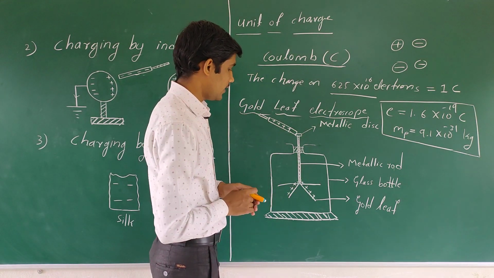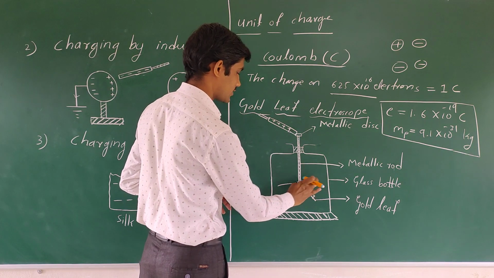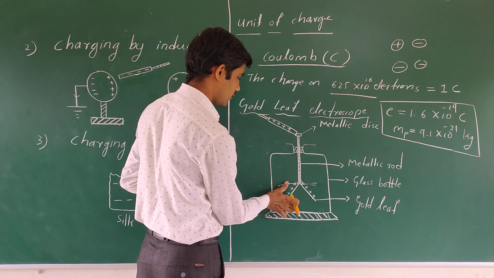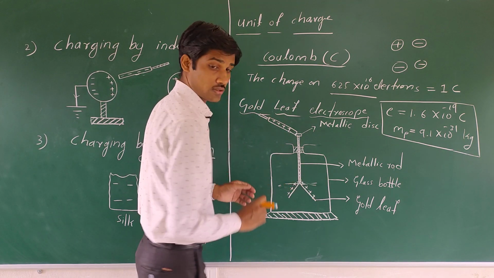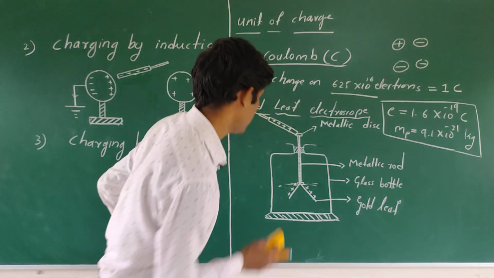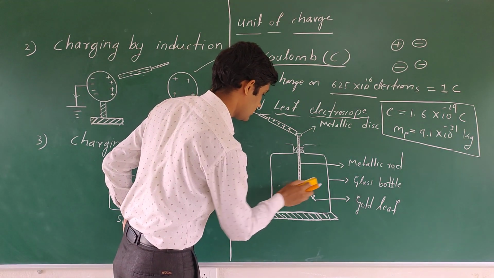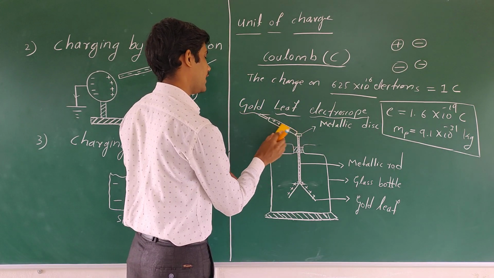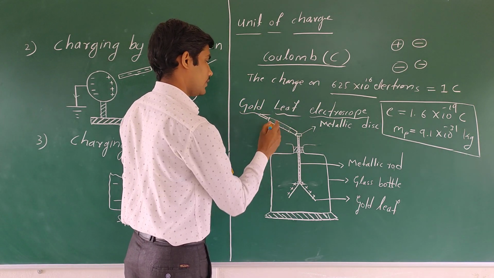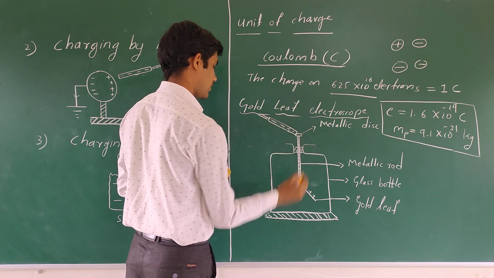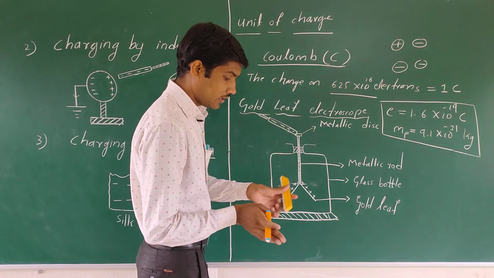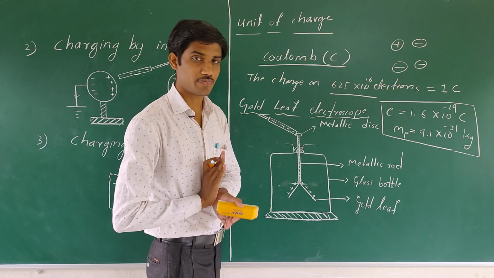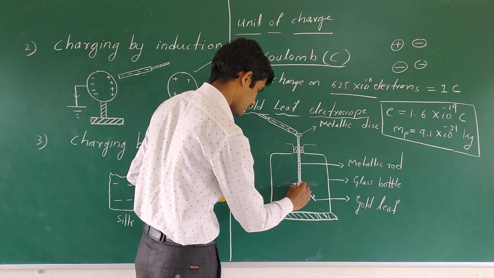And if it is of the opposite case, if it is a negative charge body and you make contact, here the divergence of the gold leaves will decrease.